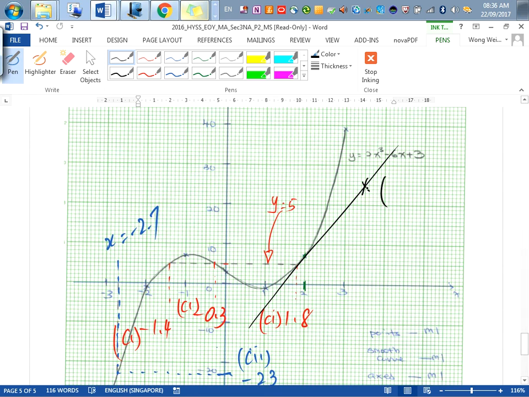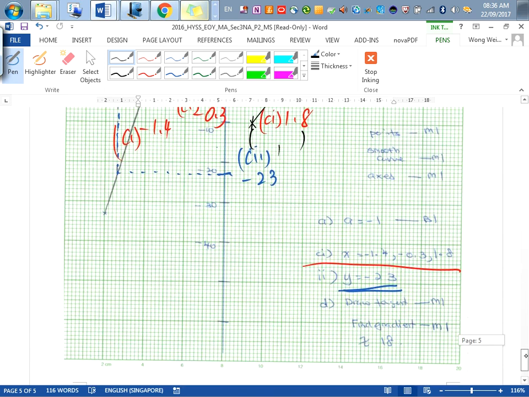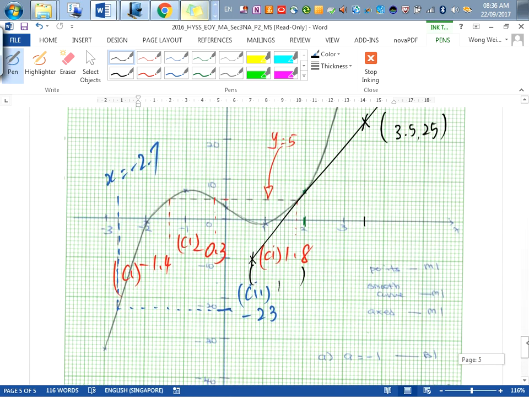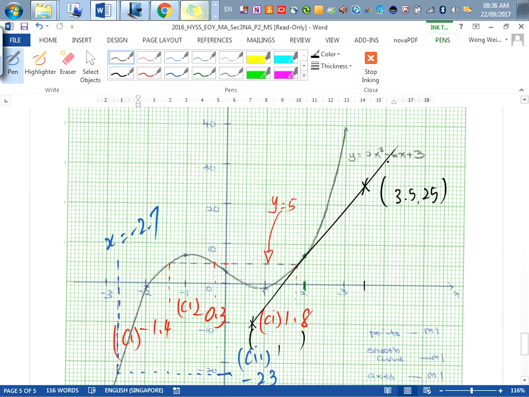So over here, the coordinates will be 3.5, 25. Then another point, maybe over here. So find your coordinates and calculate your gradient. It should be approximately equal to 18. Approximately. A range will be accepted. So the question of whether yours is accepted is, does your gradient look like this? If it does, and you didn't make errors in your calculation, chances are you'll be accepted.